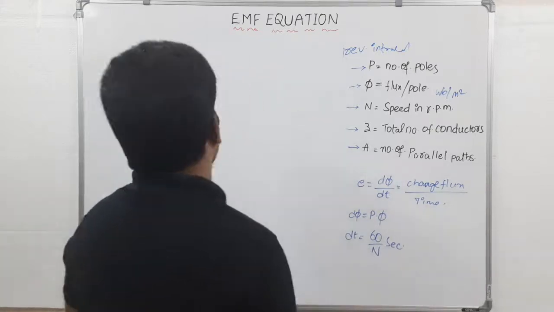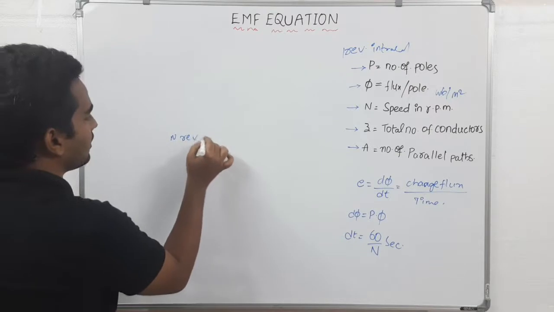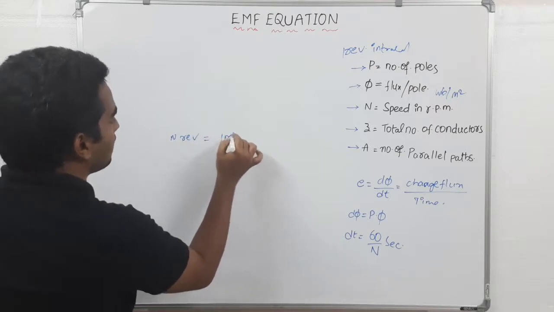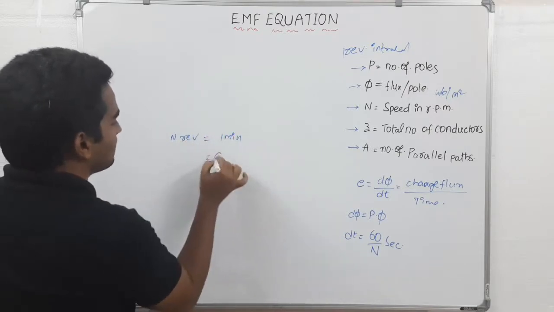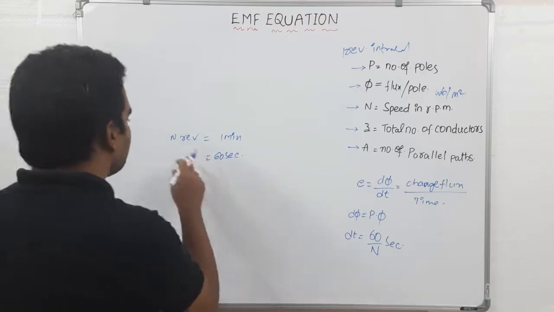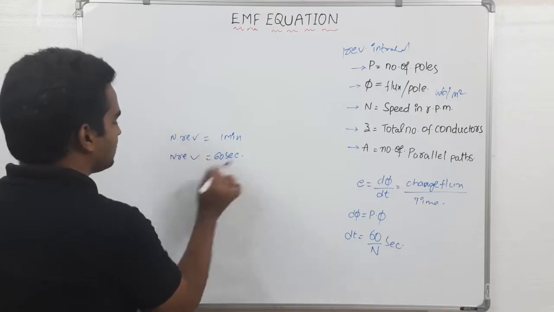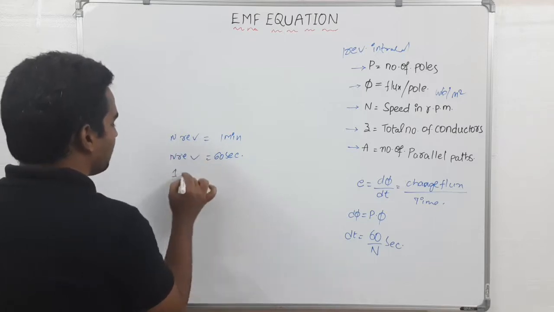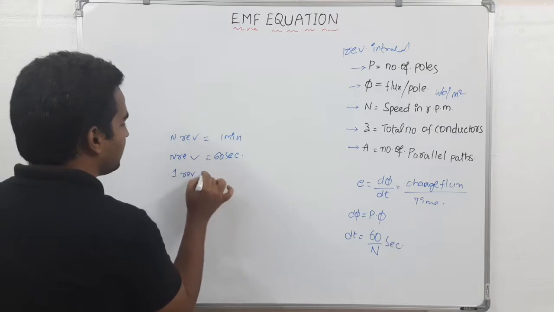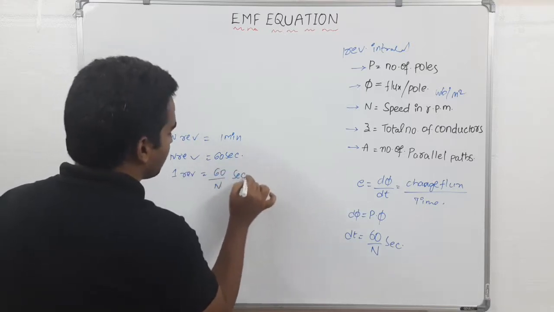How did we get this? If the machine makes N revolutions in 1 minute, that is 60 seconds, how many seconds will it take to complete one revolution? N revolutions in 60 seconds, so one revolution will take 60 by N seconds.